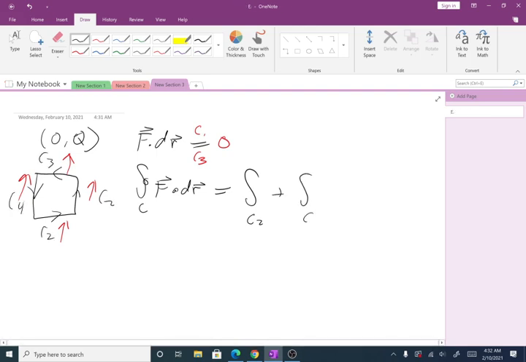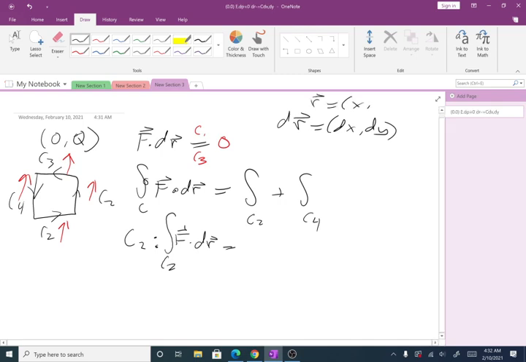plus a C4 component. So the C2 component, if we do F dot dr, remember dr is just dx dy, because that's what r is.